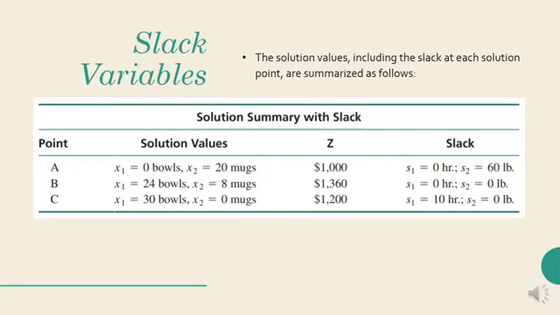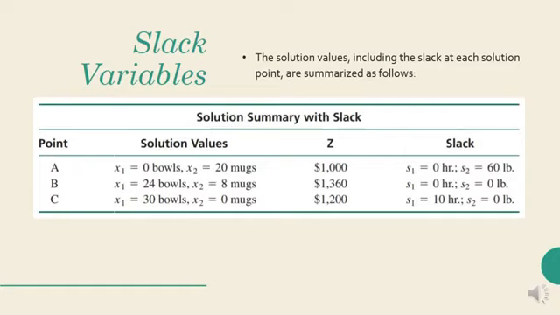Medyo madali natin intindihin. Kung makikita nyo sa point B, wala siyang slack variable. Ibig sabihin, lahat ay nagamit. Walang nasayang na labor, walang nasayang na material. Sa point A kasi 60 pounds pa ang hindi nagamit na clay.